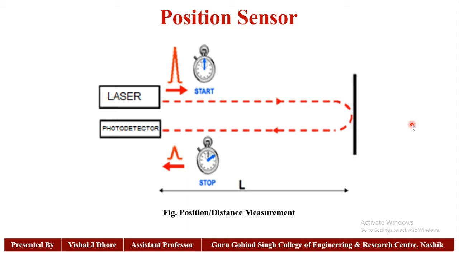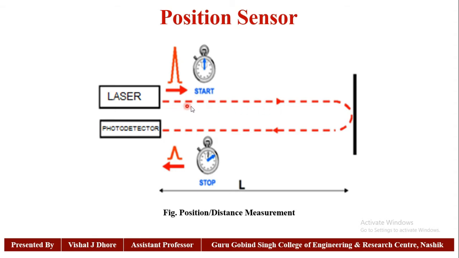In this figure, we show that there is a laser, a photo detector, and this is your reflector. From the laser, we emit laser rays, and these laser rays travel in these directions at some angles.